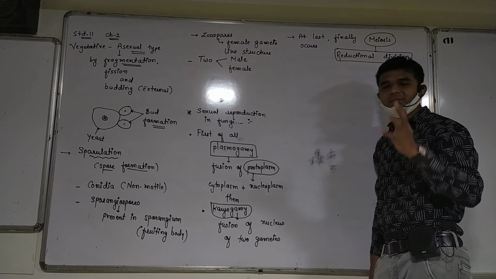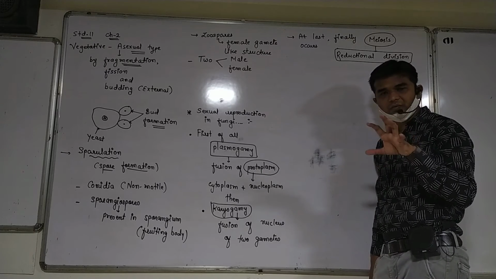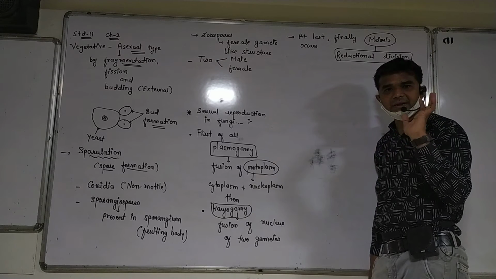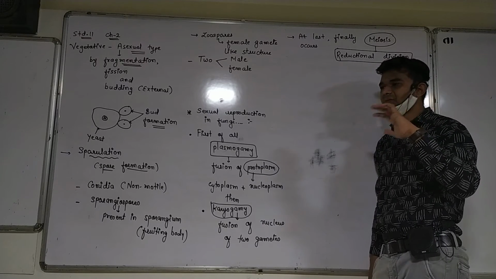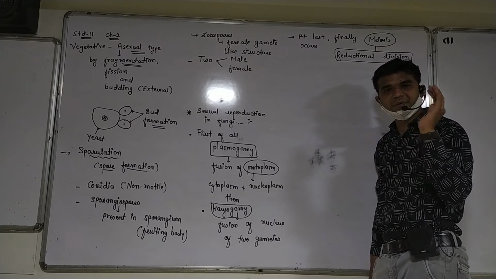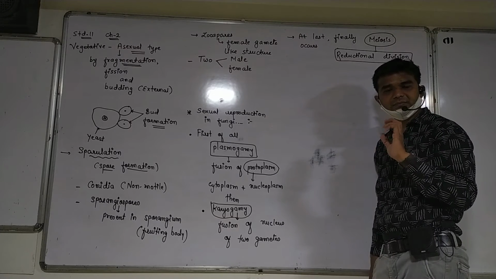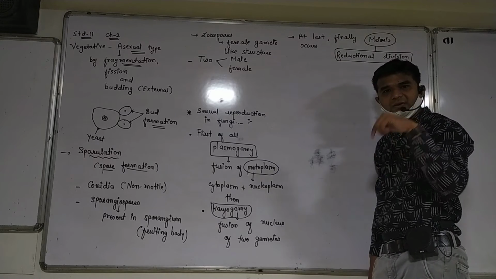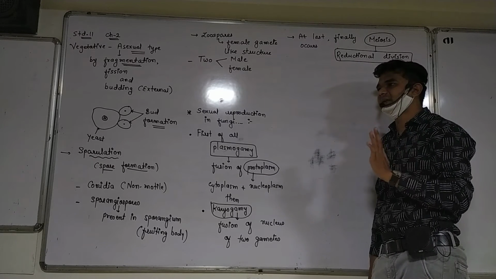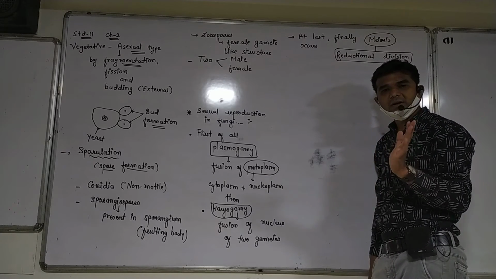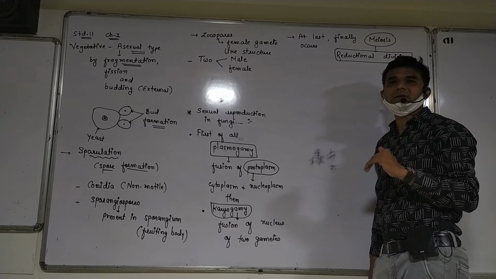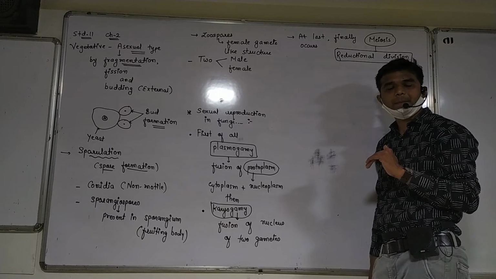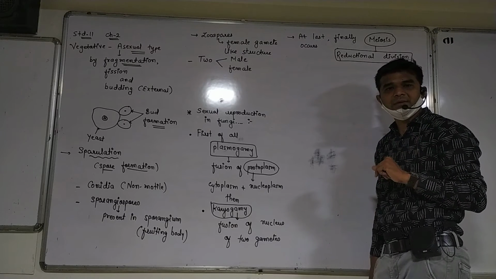In human beings, surrounding the ovum there are so many sperms. Out of all these sperms, only one sperm is able to enter inside the ovum. So entry of the sperm inside the ovum is known as fertilization. But fusion of the nucleus of the male and female gamete is known as zygote formation.